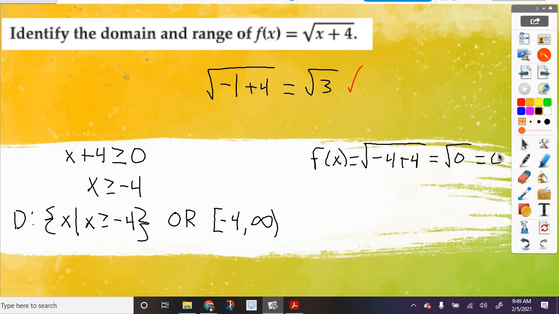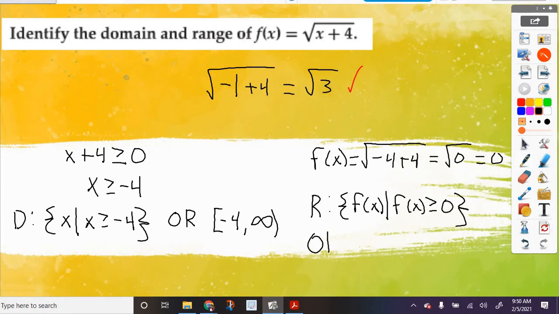And because like our parent function, this graph will also be increasing, we know that our f of x's will be getting larger. So we know that f of x has to be greater than or equal to 0.